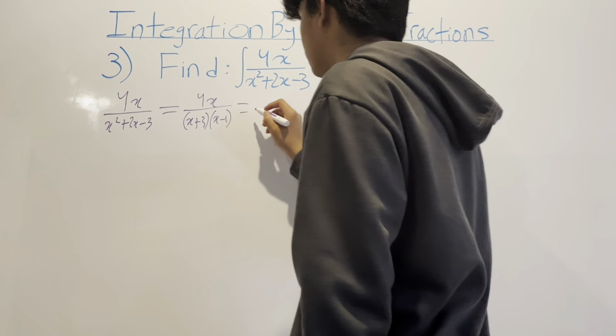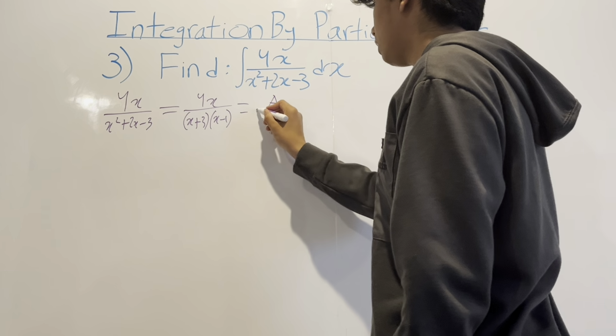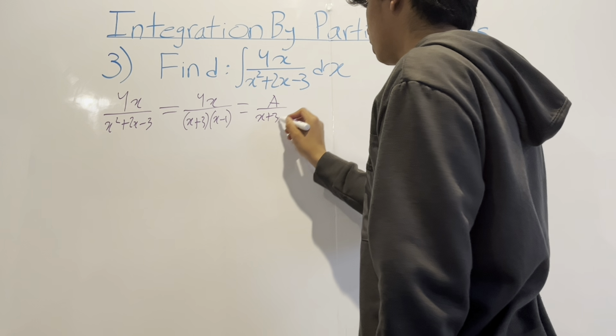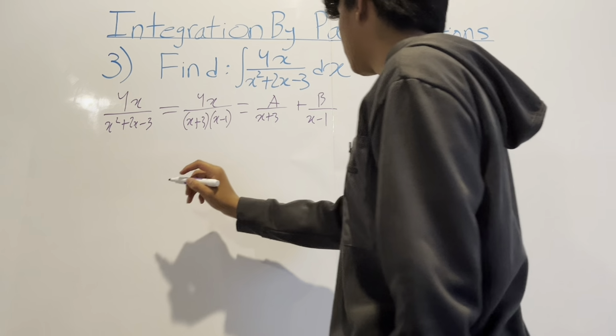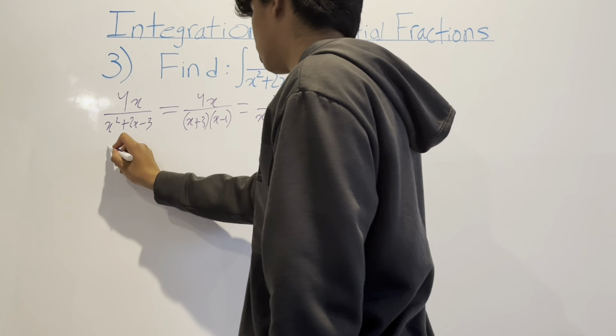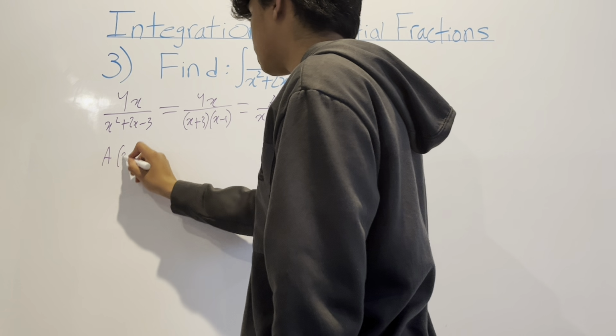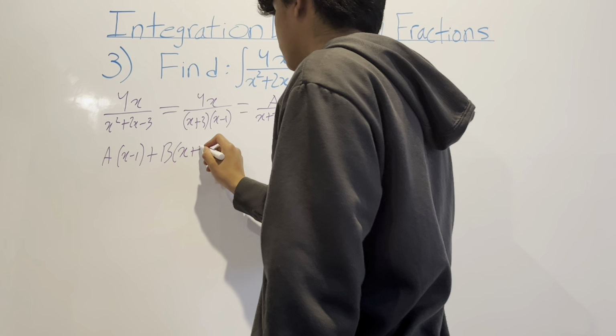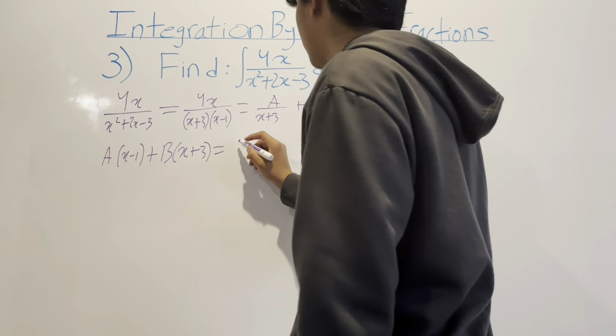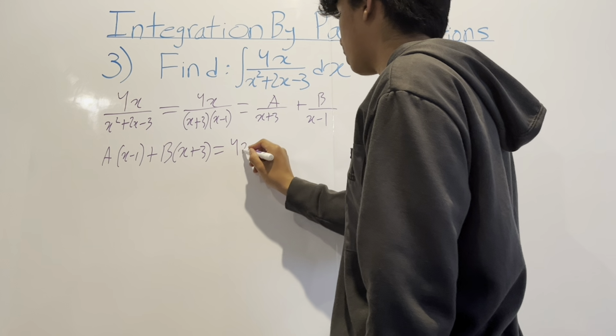And we can replace this with A over x plus 3 plus B over x minus 1. And now this is also equal to A times (x minus 1) plus B times (x plus 3) equal to the numerator of the original function, which is 4x.